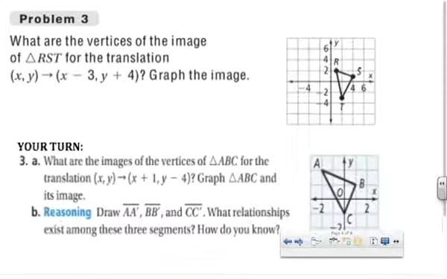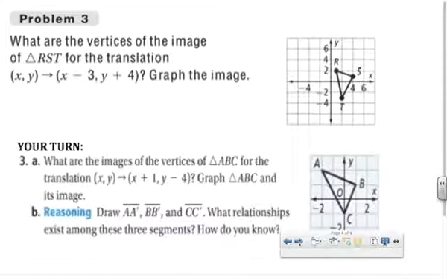So in problem 3, I'm asked for the vertices of the image of triangle RST for the translation, and notice the rule that is given to us. That rule is asking us to do exactly what it looks like. I'm going to subtract 3 from the x-coordinate and add 4 to the y-coordinate for each of the points.